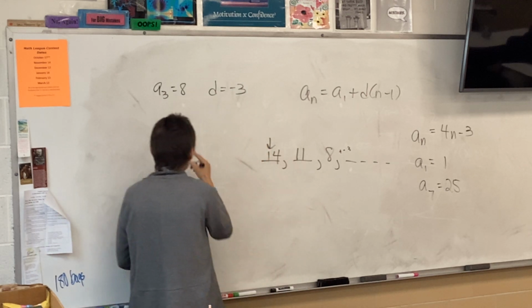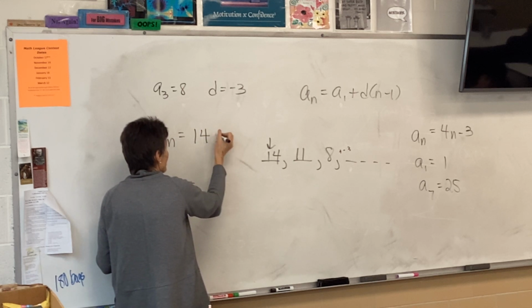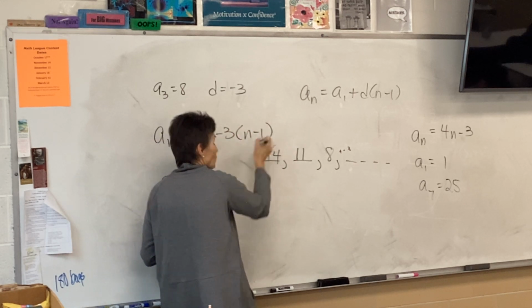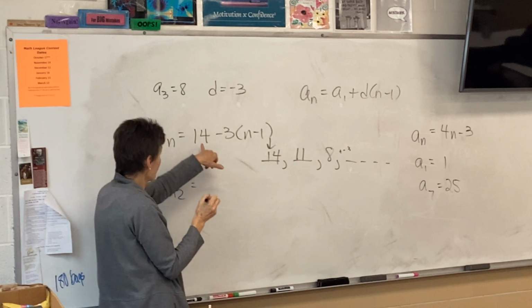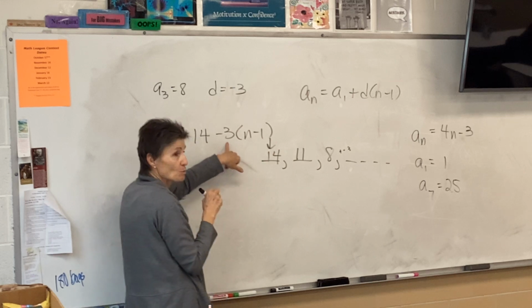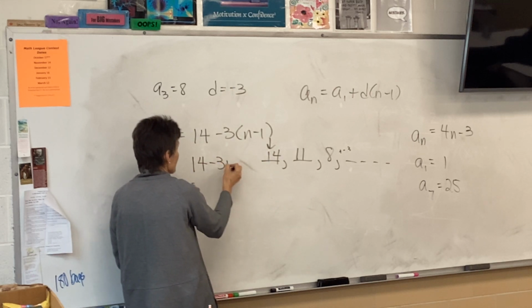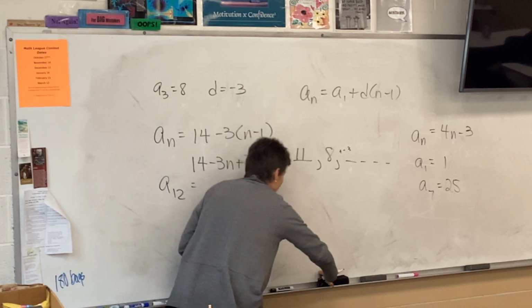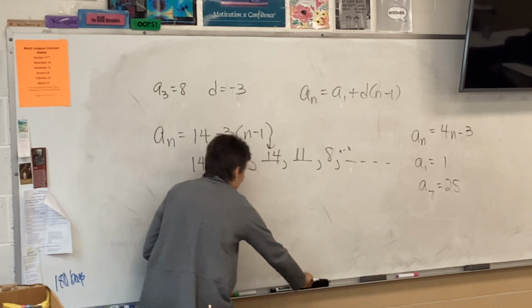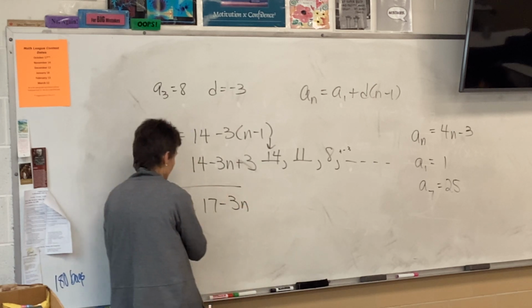So my formula will be 14 minus 3 times n minus 1. First term plus common difference times n minus 1, which is 14 minus 3n plus 3. So my simplified formula is 17 minus 3n.